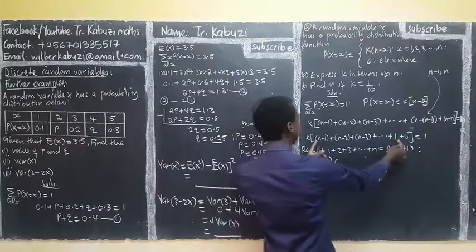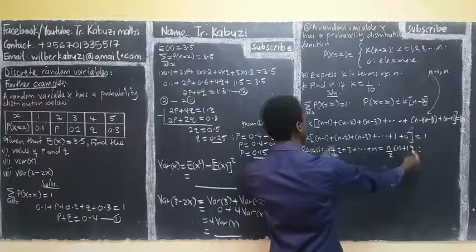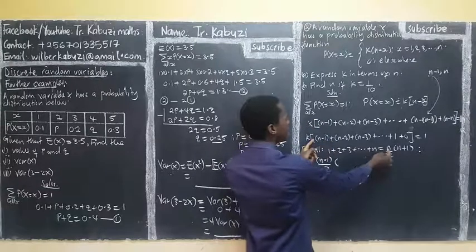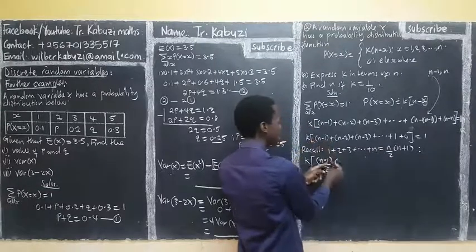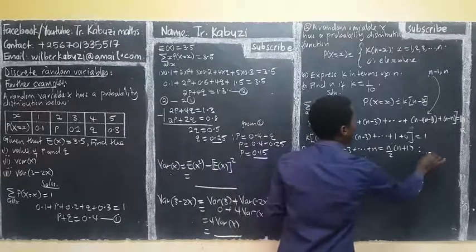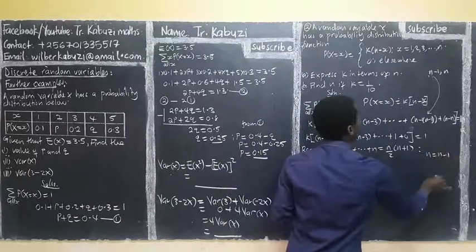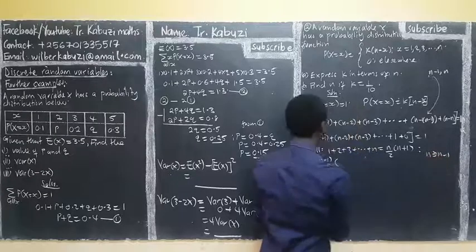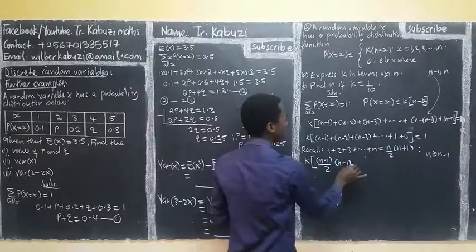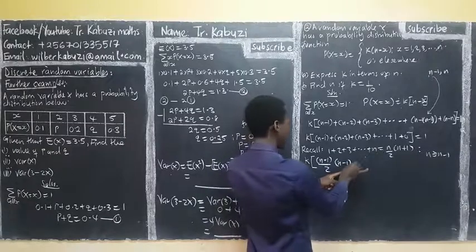Now, the whole of this sum from here up here is equal to this, but here our sum is n, but here our sum is n minus 1. That's why I'm putting my n as n minus 1, then plus 1.